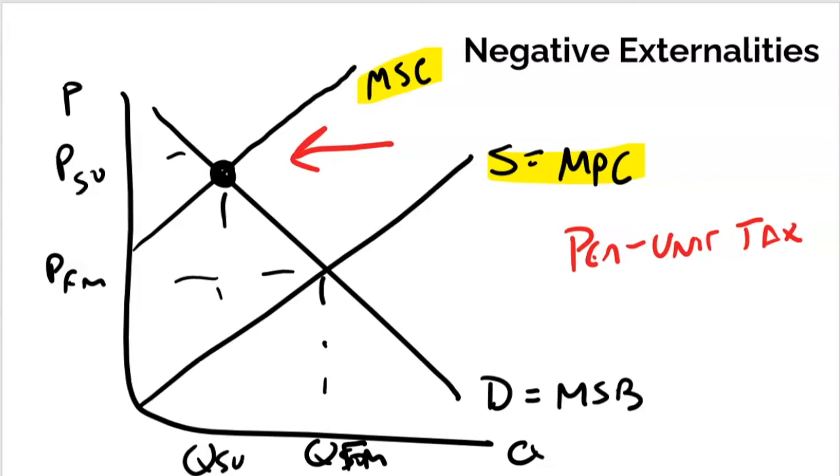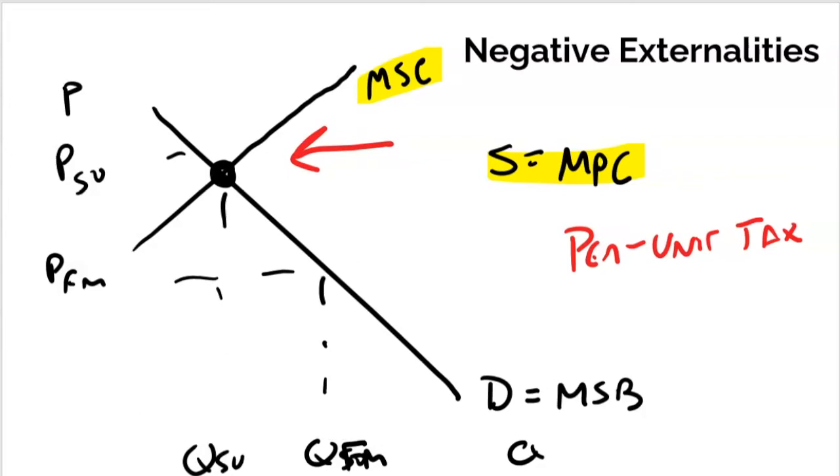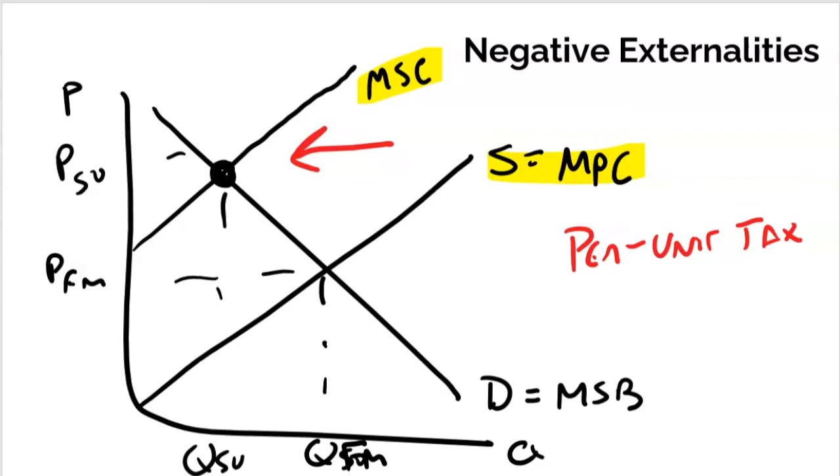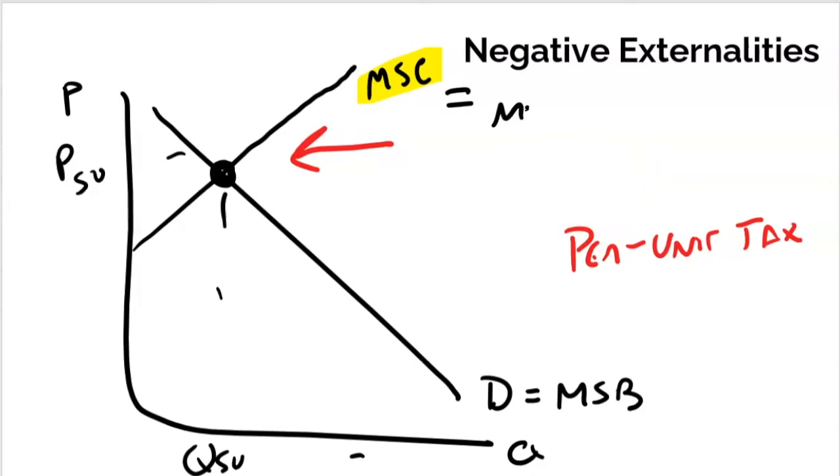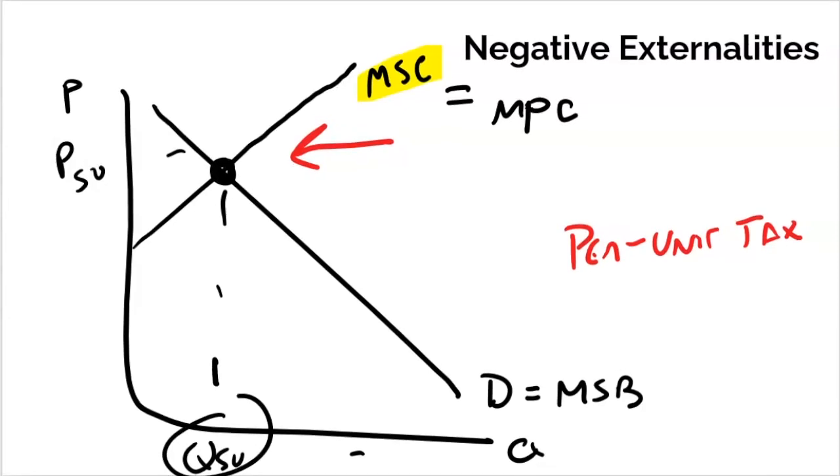Meaning that this marginal private cost curve goes away, and in its place is our marginal social cost, which equals our marginal private cost here.